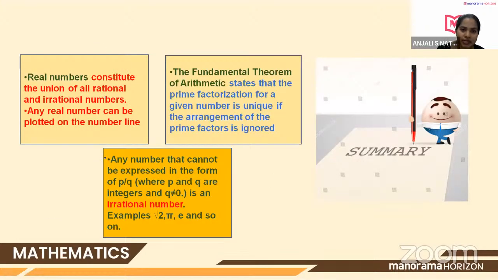So today we studied real numbers. What are real numbers? They constitute the union of rational and irrational numbers. Simply, we can say a real number is a number that can be represented on a number line.